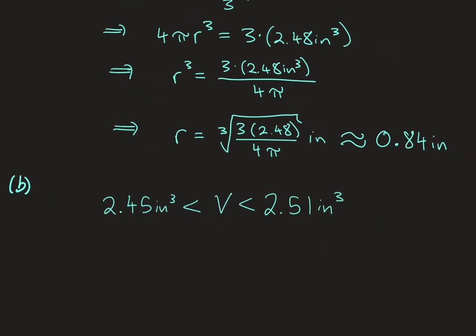We want to see how the radius can vary given those restrictions on the volume. So all we have to do is plug in our formula for the volume of a sphere. Remember our inequality rules.